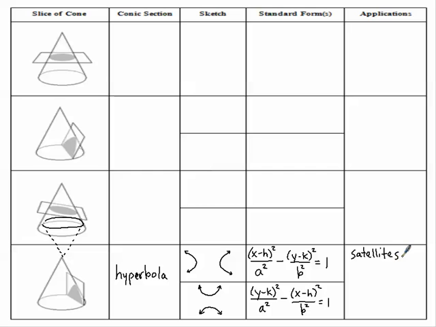So applications for hyperbolas: satellites. I can try and draw a picture of this maybe on the next slide. Satellites come towards an object, and then they have to use the gravity of that object to go around, and that's a hyperbolic motion. Sonar, which I believe represents something about sound and navigation and range.